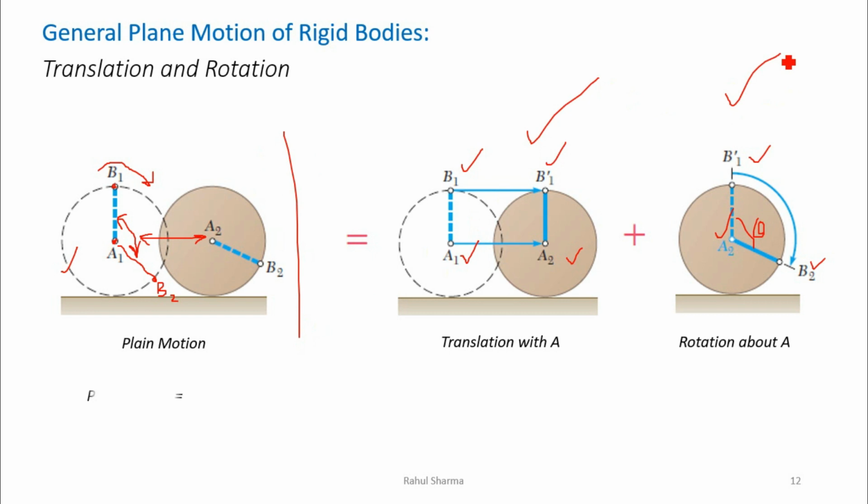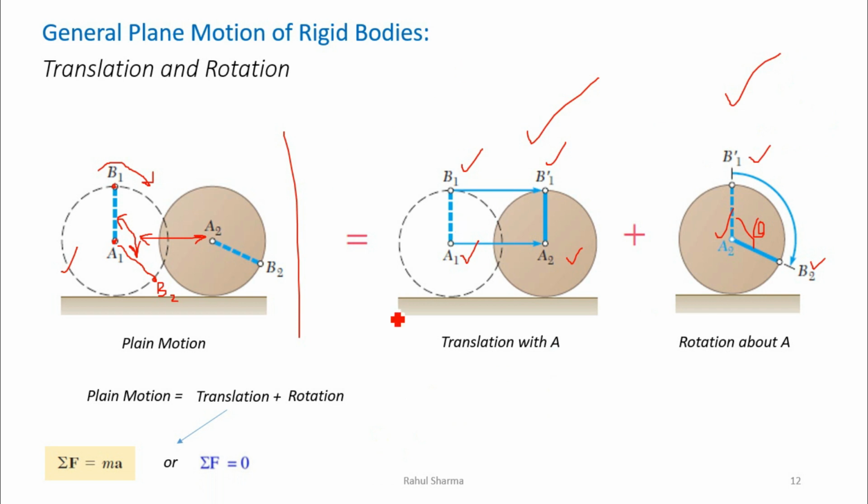To solve the numericals of this, we have to understand that plane motion is equal to translation plus rotation. For translation, we have these equations: summation F is equal to ma, or summation F is equal to 0. Why am I taking these two equations? Because we have to see in which direction the motion is.